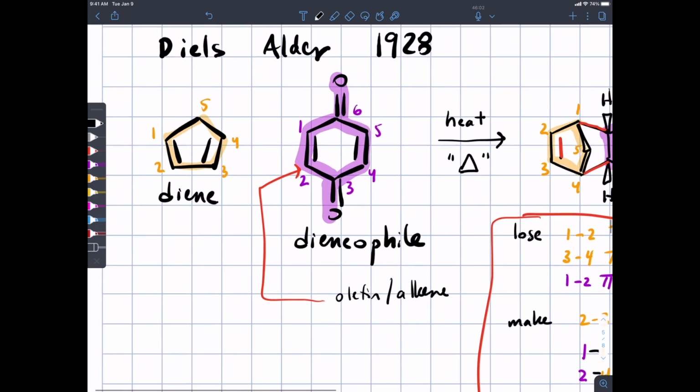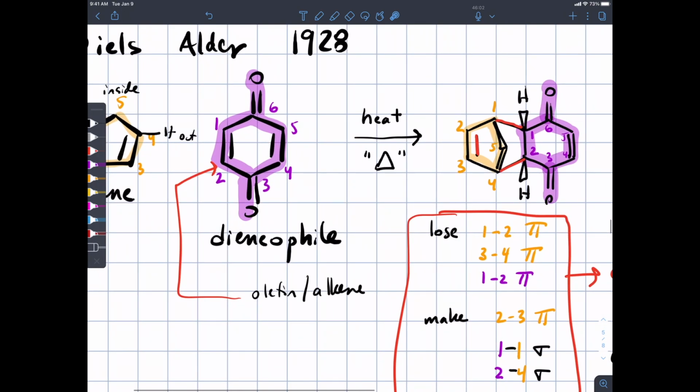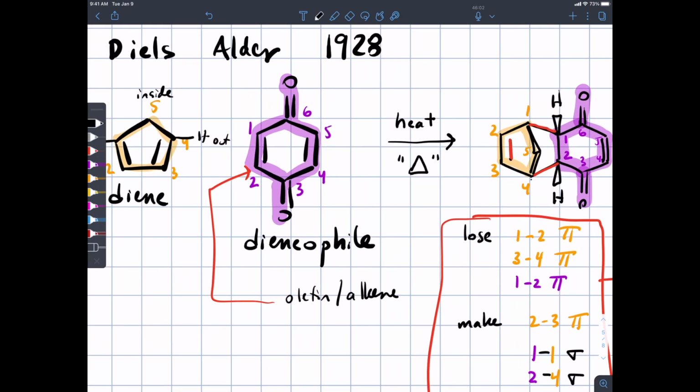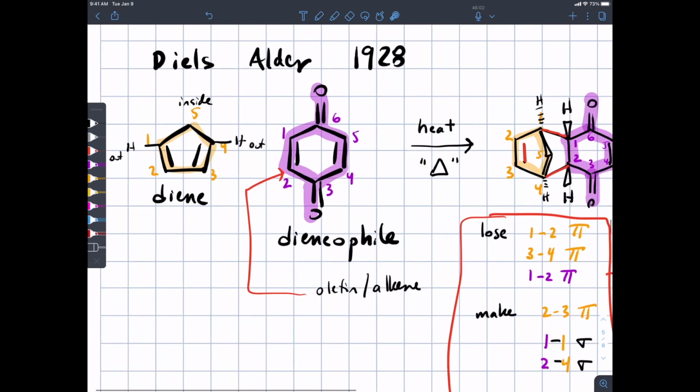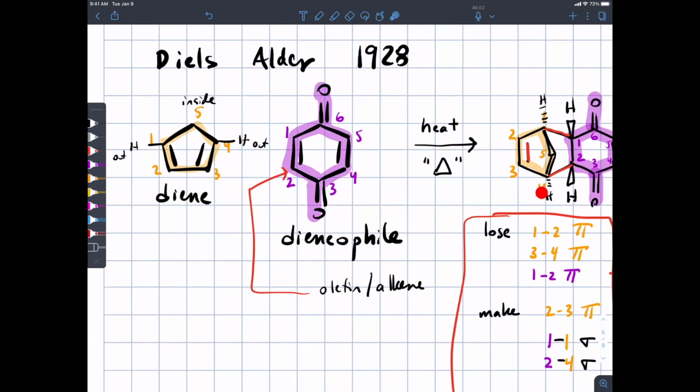There are two positions in the diene. You have these inside positions, and then you have these outside positions. Now, in a normal diene that's not cyclic, this would have been a proton here and a proton there. But you see in the product that, again, relative to the six-membered ring that we formed, the one thing that was inside is above the ring, and the things that were outside are below the ring.